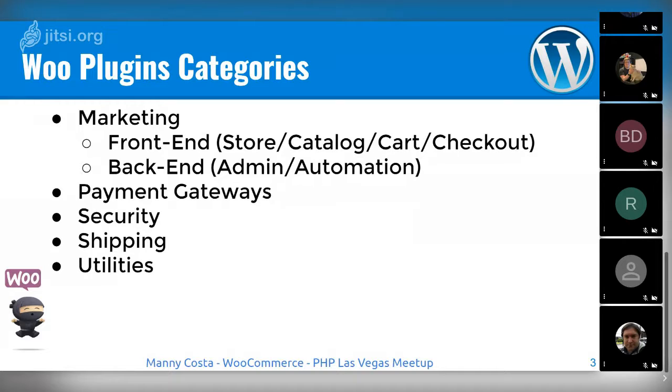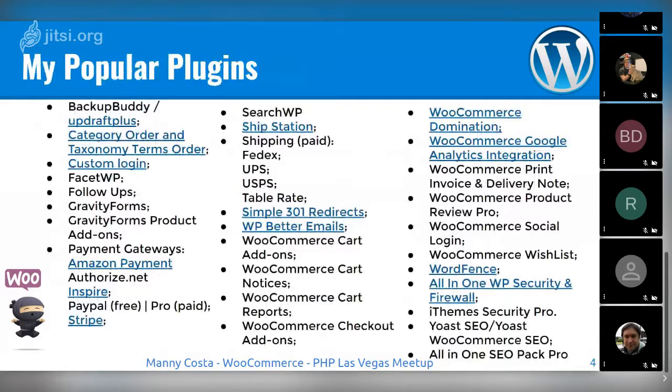Front end is more the store, the catalog, the cart, and the checkout page, and back end is more toward admin stuff and automation. Then payment gateways, security, which is very important to be on top of for your store, shipping, and utilities. Marketing also includes SEO stuff. So here is the list of my favorite WordPress and WooCommerce plugins.